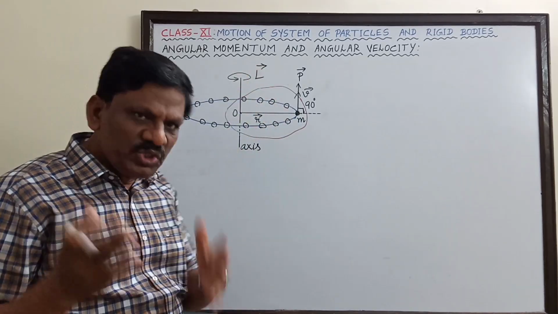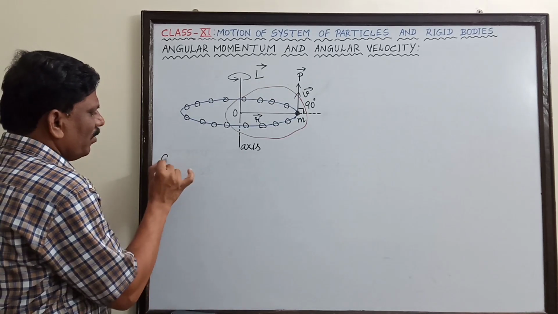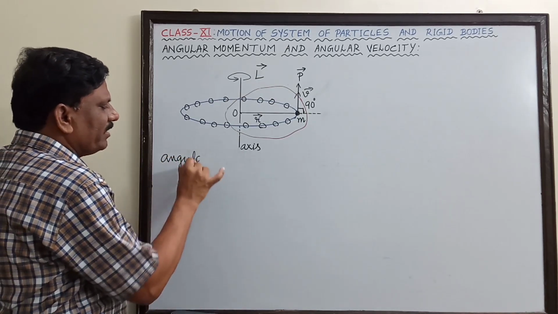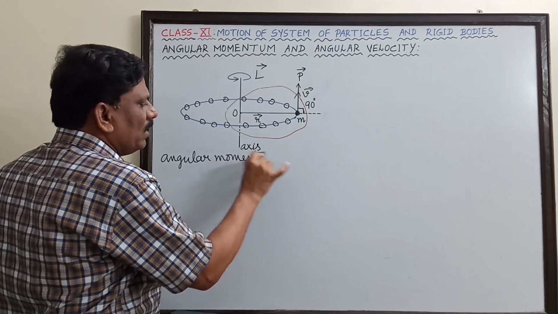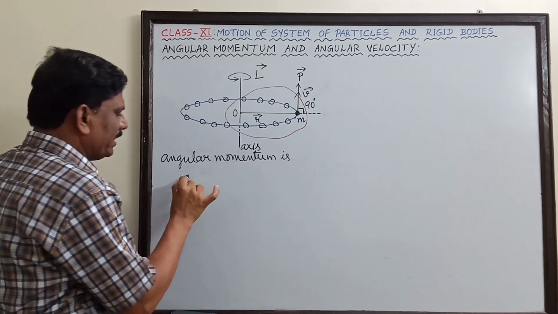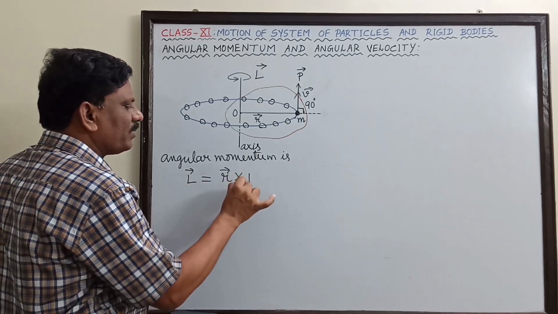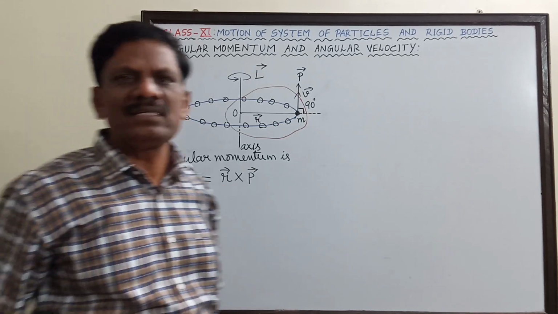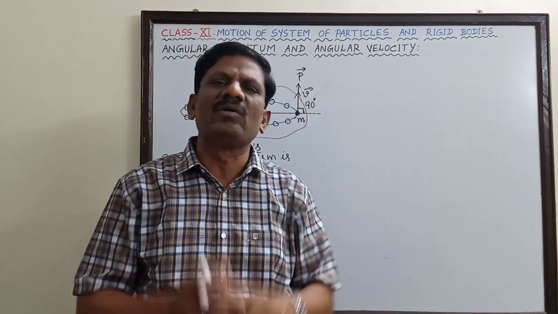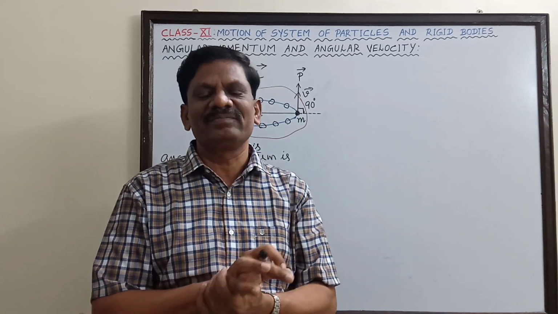So what is the usual expression for angular momentum? We start with the definition of angular momentum. L vector is equal to r vector cross product linear momentum vector. When I write r cross P, what you must keep in mind is that it is the moment of the linear momentum.